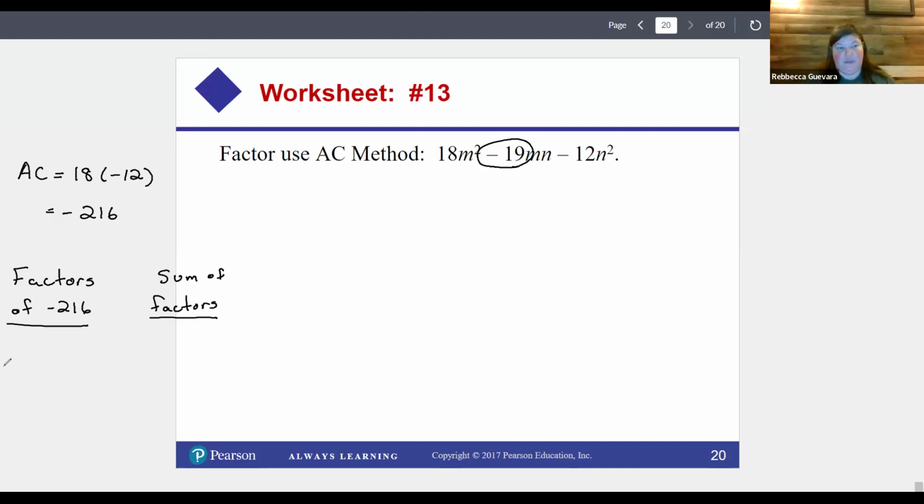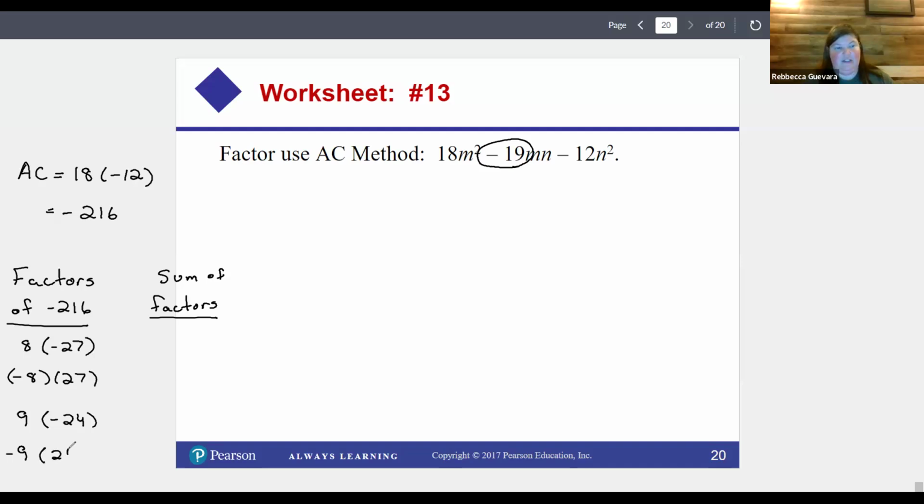So let's say you started with 8. 8 divides in there and would leave you with a negative 27. Or you used a negative 8 and you had a positive 27. Or maybe 9 and 24. Those are some numbers that are pretty close together, close enough that maybe you look at them and go, that could be 19.